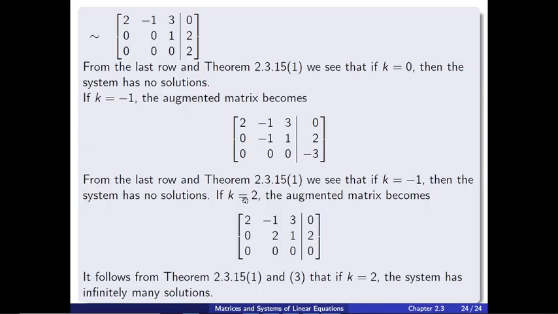Now let's look at when k is equal to 2. If k is equal to 2, then the augmented matrix looks like that, and we can see that m, the number of rows, is less than the number of columns, and therefore the system has infinitely many solutions.